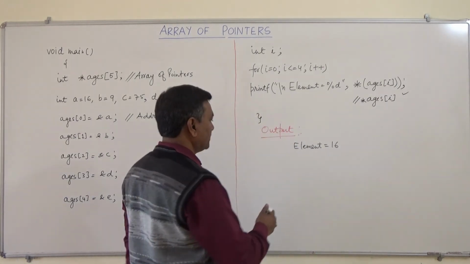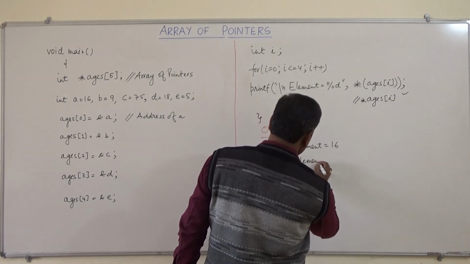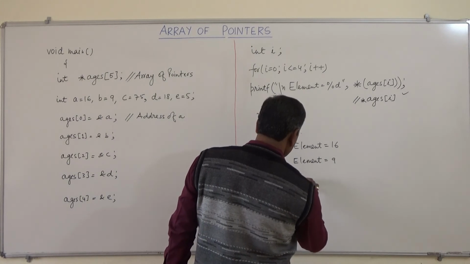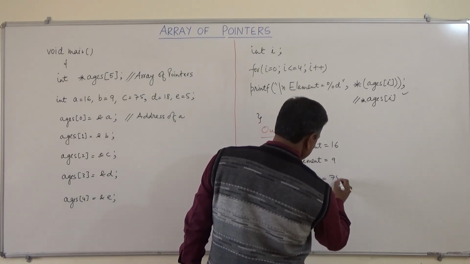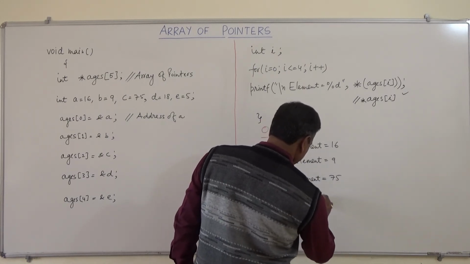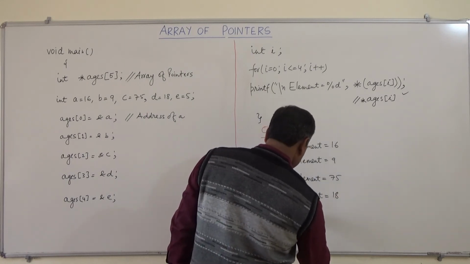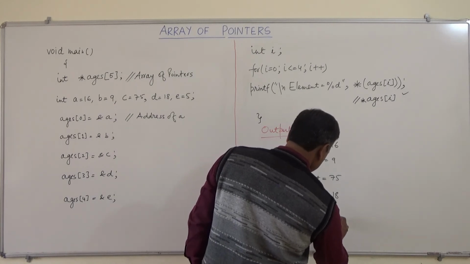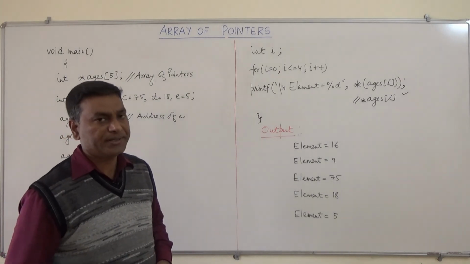So next value will be element 9, and then similarly other values can be printed. 75, and then 18, and then 5. So in this way all the values can be printed.